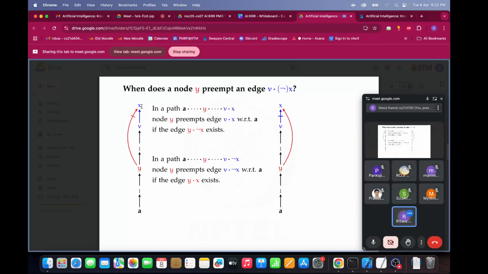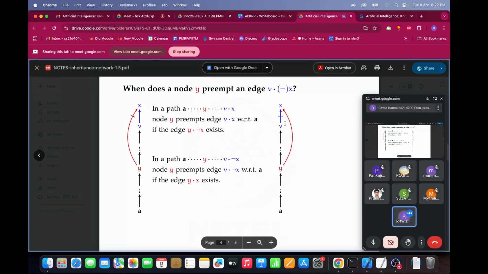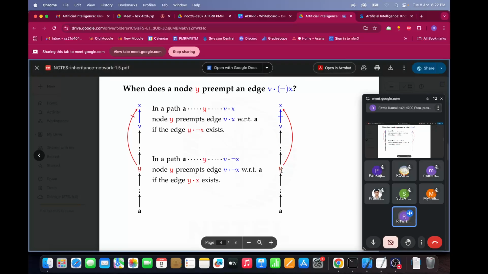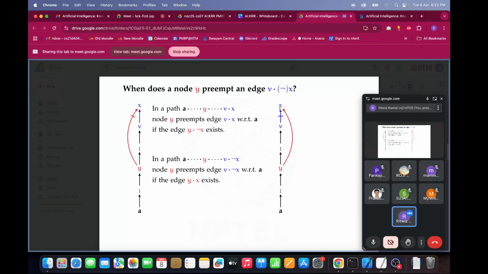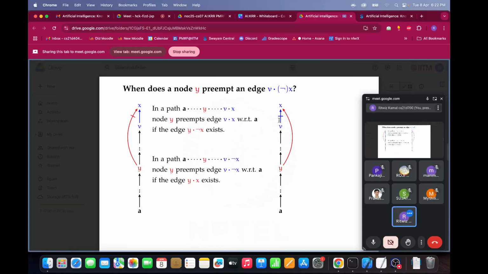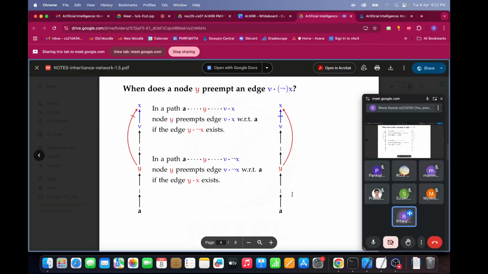So if V to X is a positive edge, then if there is a negative edge from an intermediate node Y to X, then that node Y preempts this particular edge. In case of a negative edge, if there is a negative edge from V to X, and if some intermediate node has a positive edge to the final node X, then this node preempts the V to not X negative edge. Okay, this is preemption. Any doubts in what preemption is?